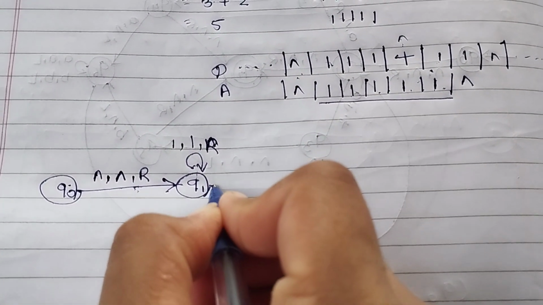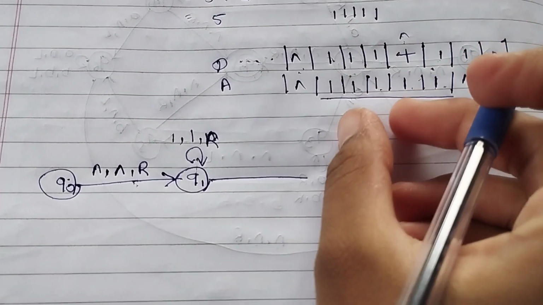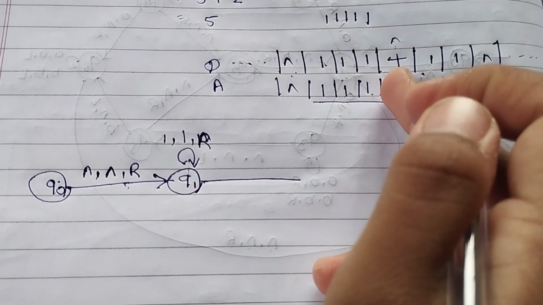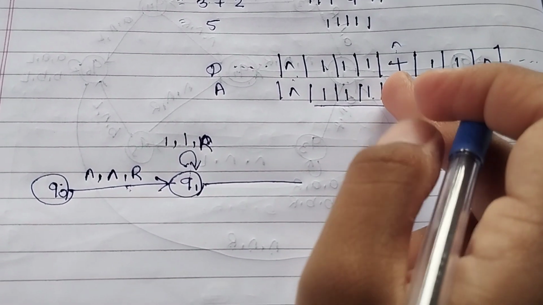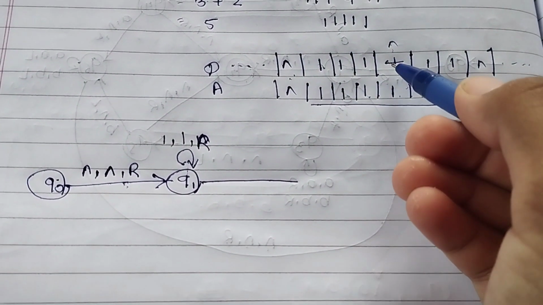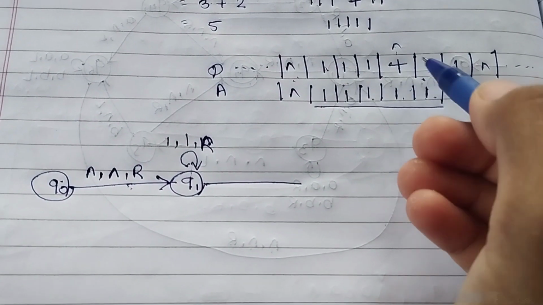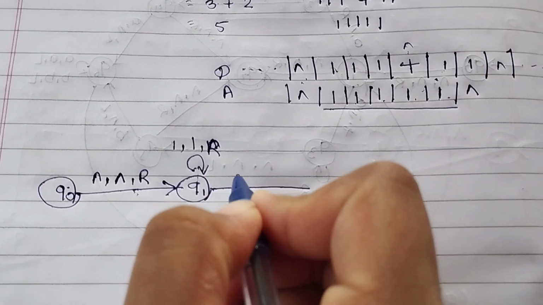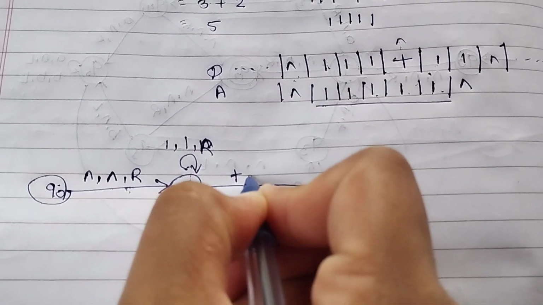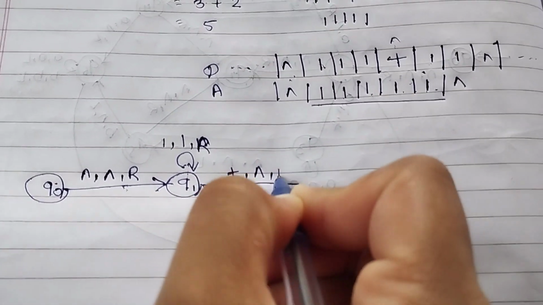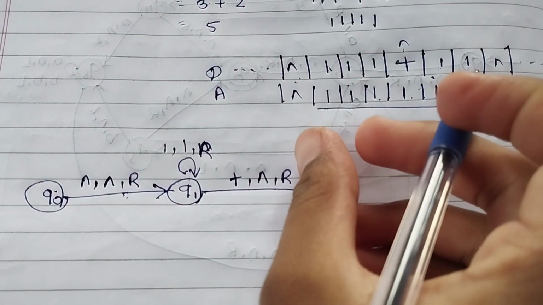Now where we stop moving to the right side, if you see the plus symbol, sometimes anyone may consider here null value, then it is also right, but now I consider here plus value. So when I read the plus value, convert this plus value to the null and move to the right side. All the 1s before this plus are kept as it is.